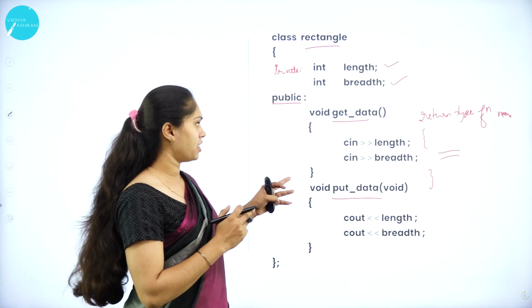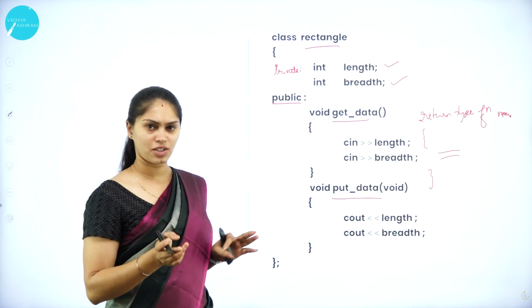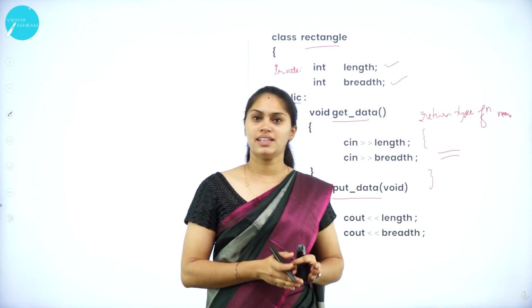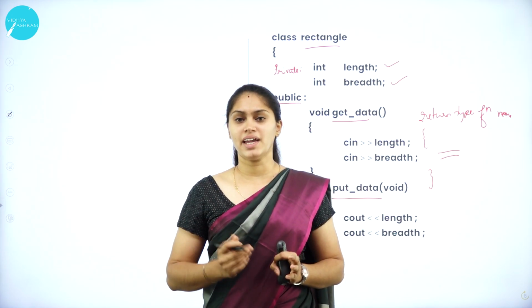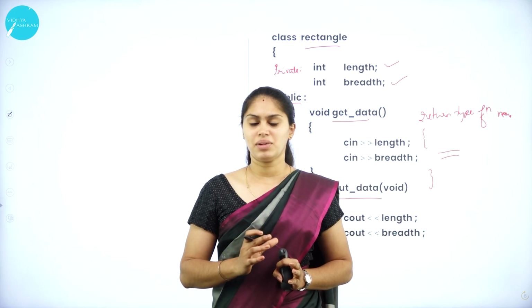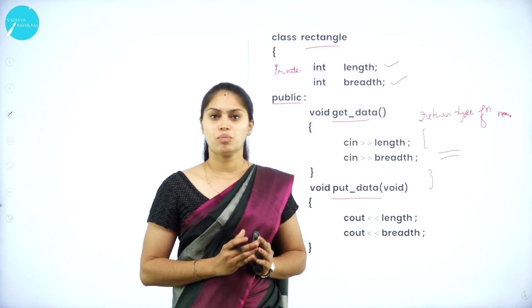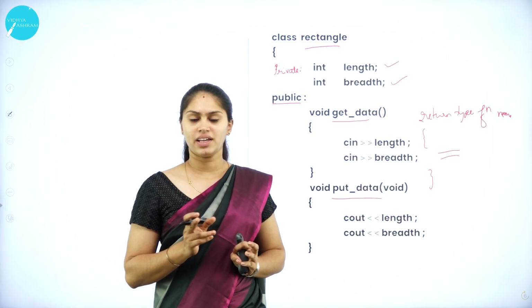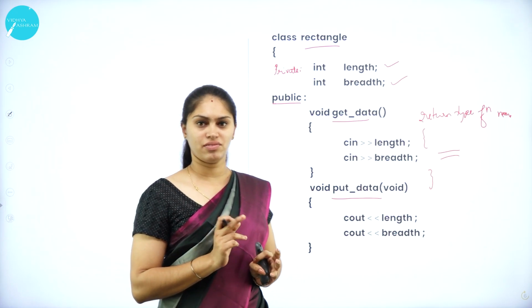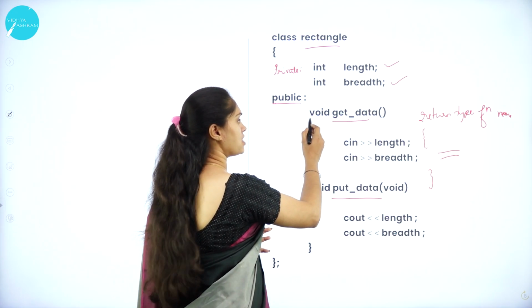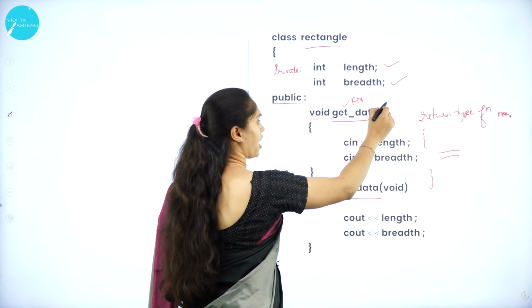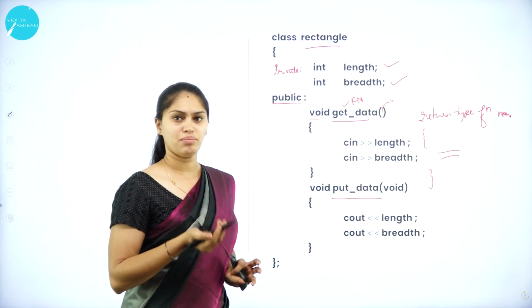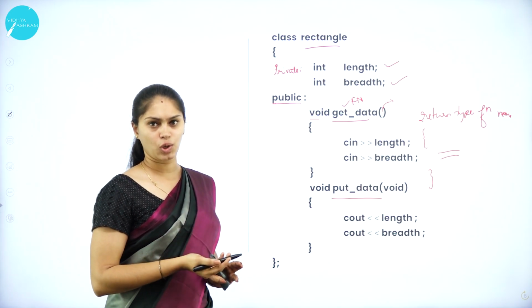What is the function here? getData. As I told earlier, if it is inside the class definition, then the function body is replaced by the actual function body. So to define the member function inside the class definition, I need to use the return type along with the function name, and here you specify any parameters or arguments required.